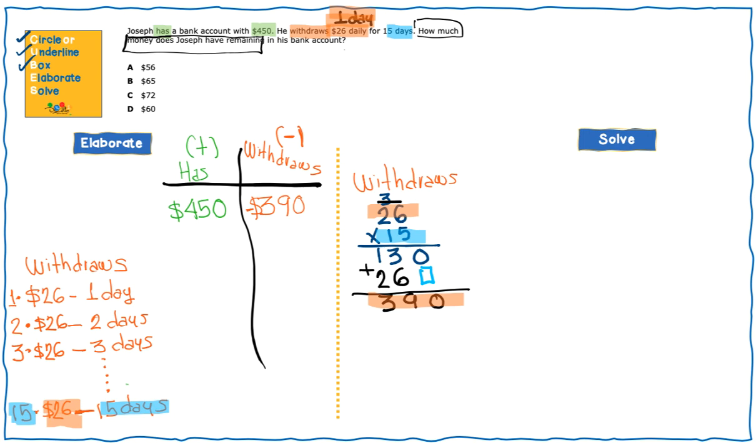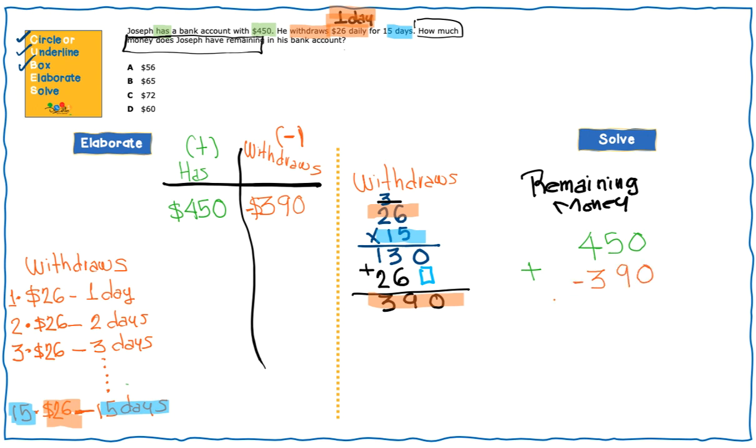So I'm going to make a little note on the side. To figure the remaining money, I'm going to put together what he has, which is 450, with the 390 that we figured he withdrew.